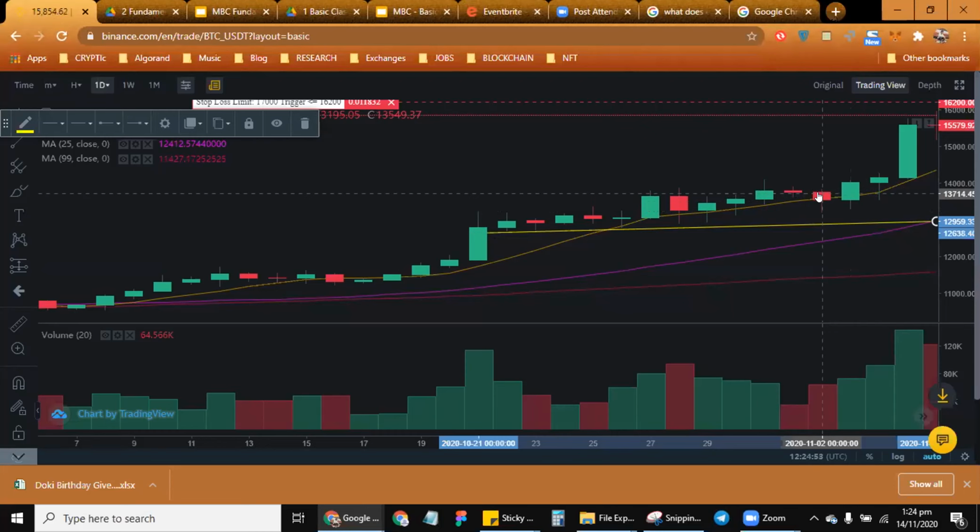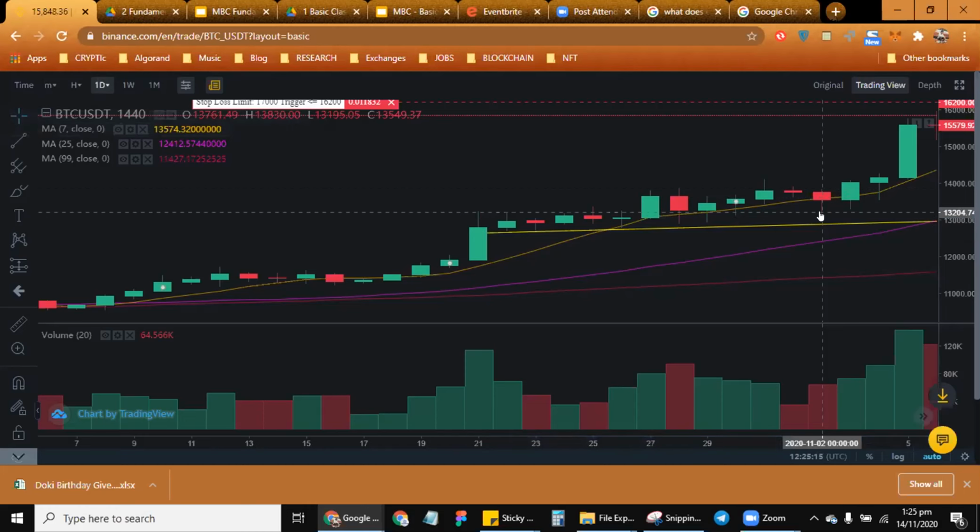So red candles are candles for sell. The same thing with the market order book: the red part has to do with selling, and the green part has to do with buying. So this day was just a bearish day. People were just selling. You get? And so the market opened at 13,827 and closed at this bottom ticker at 13,204.